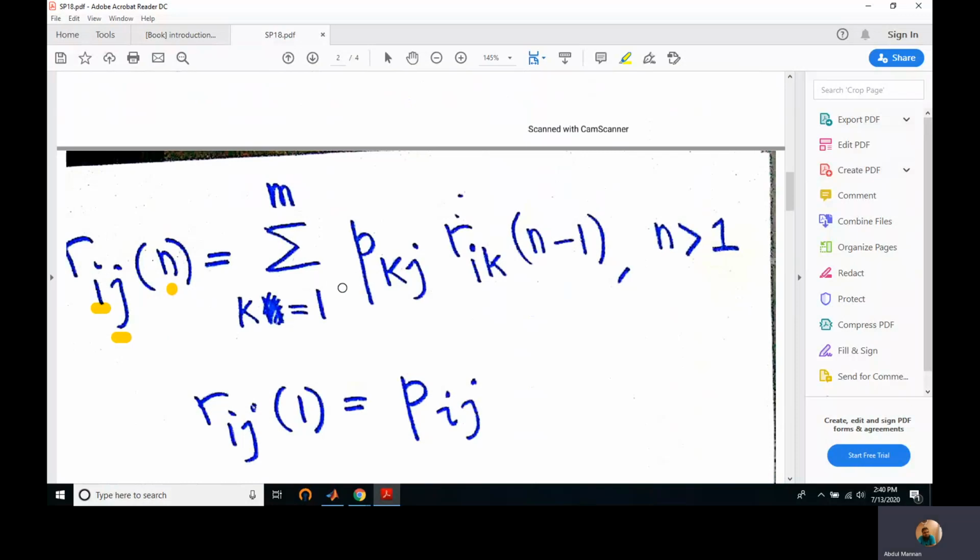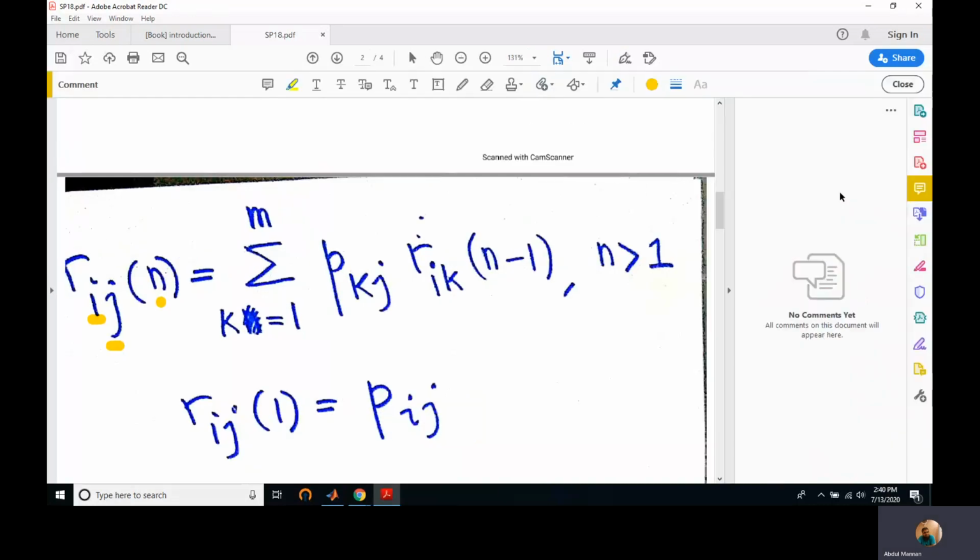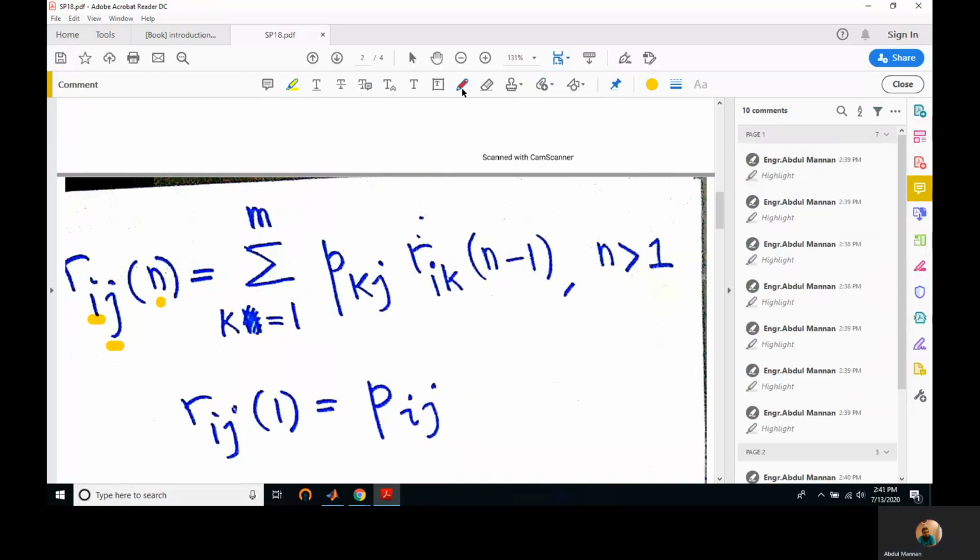This is implemented with the help of a recursive formula, a formula that is based on recursion, where we call the same R for n minus 1.